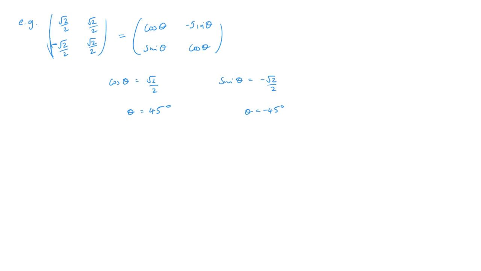Now we know that for sine theta to equal this negative root 2 over 2, it happens in two places. If I think of my CAST diagram, and this is my 45 degrees, sine is going to be negative here and here. So sine is going to be negative at 225 and 315.